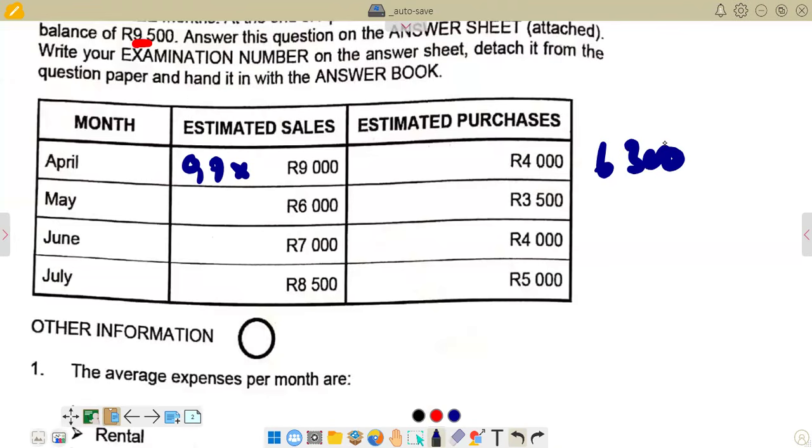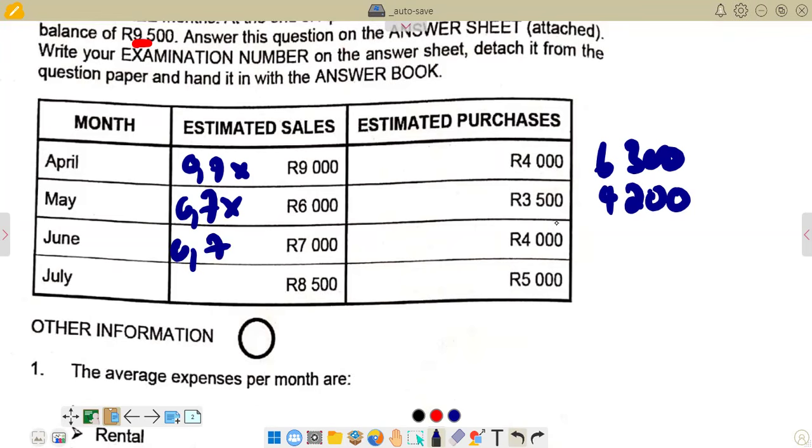And then we do the same for May. If you calculate there, you'd see that by saying 0.7 and multiplying by 6,000, you get 4,200. And then the next one, we say also 0.7 times 7,000.